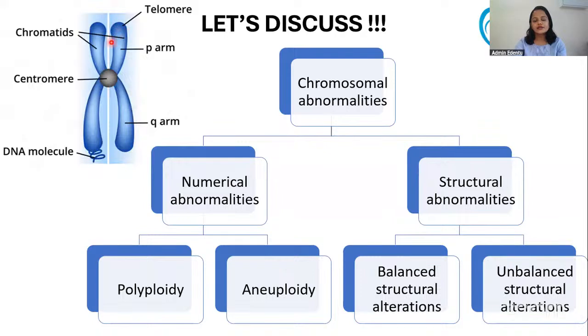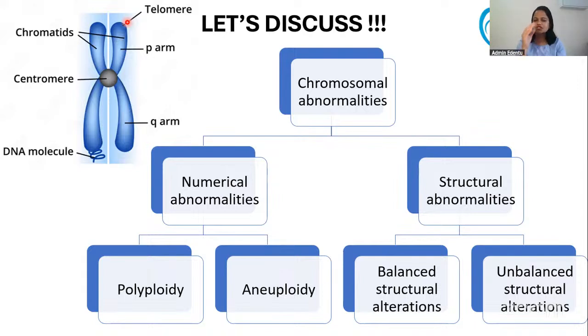At the terminal ends of the chromosome, you will see a structure called the telomere. The telomere determines the age of the cell. For a new cell, the telomere length is really long, but after every cell division it decreases and decreases. In an old or senile cell, you will see only a very small portion of the telomere.